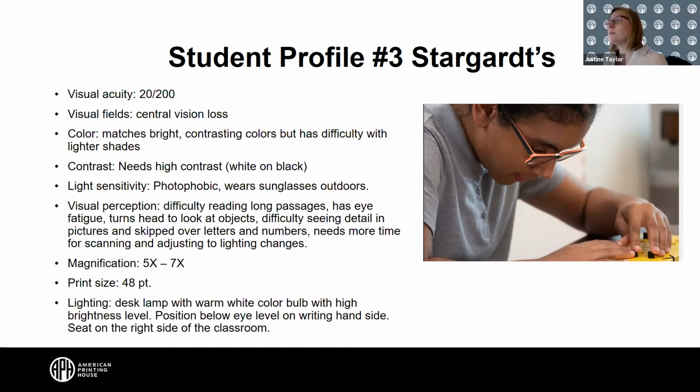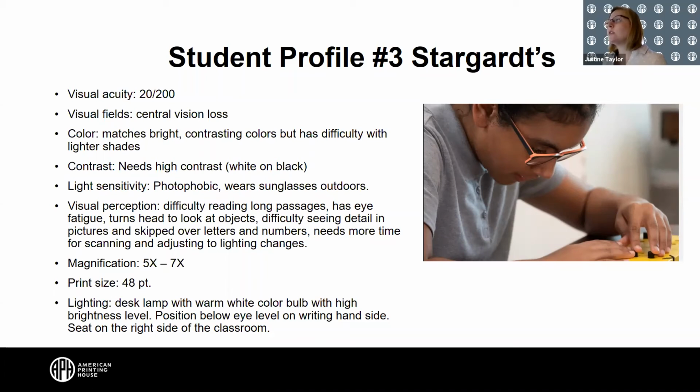And their magnification range was in the 5x to 7x magnification level. In their print size, they needed 48-point font size. And their lighting preference was using a desk lamp with warm white color bulb with high brightness level.